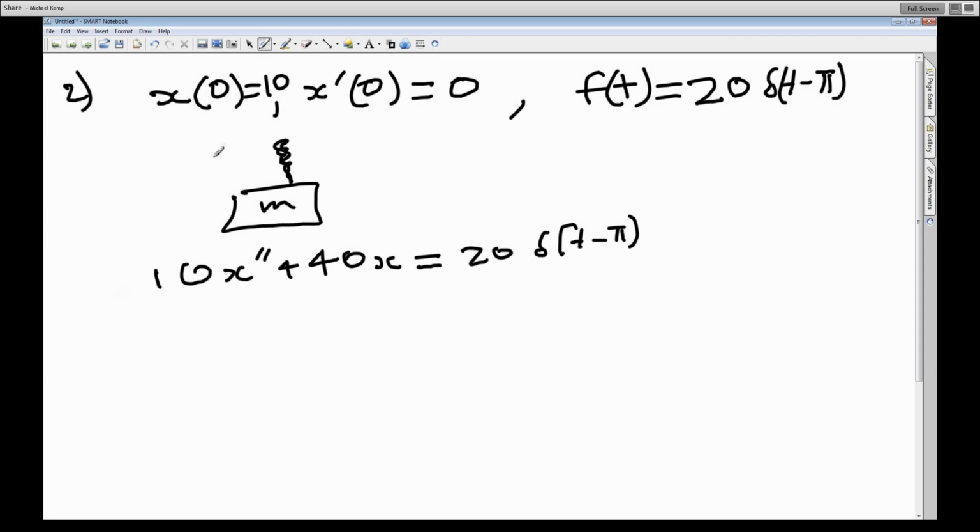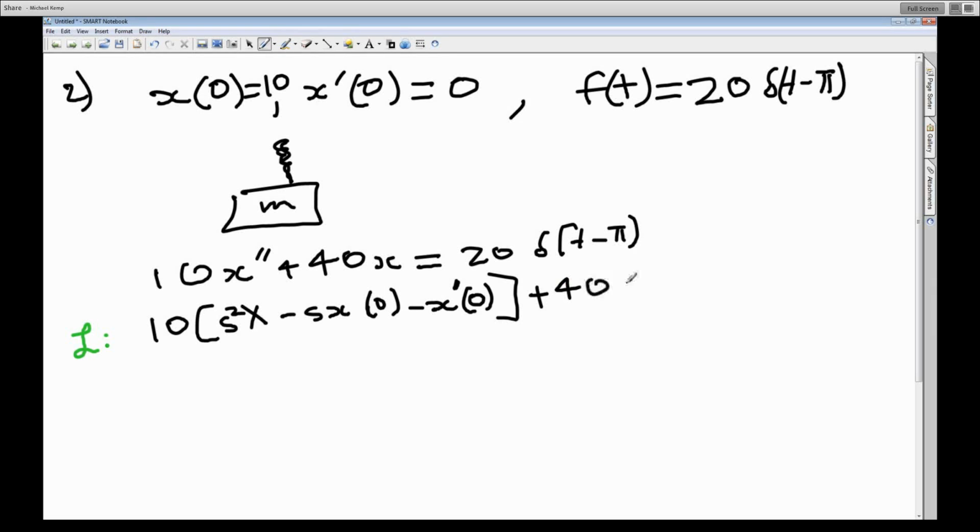If you take Laplace transforms of both sides, much like we did before, I'll have 10 times s squared capital X minus s x naught minus x dash naught. I forget this sometimes, it's the other way around: it should be x dash there, s x naught.